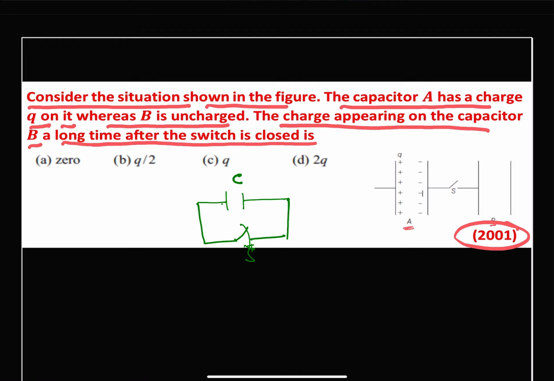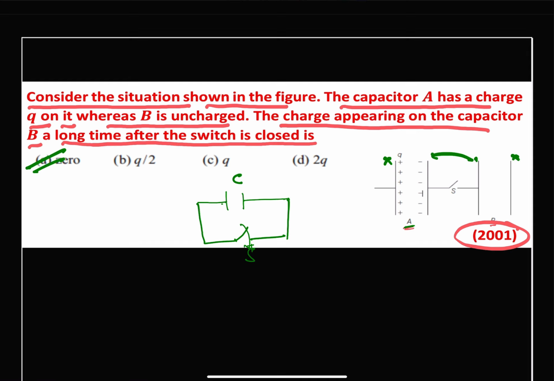Then only the current, or we can say for the given figure, the charge transfer is going to take place. So in this particular case, we can clearly see that this circuit is not complete as per the connection between A and B. Only the two plates are connected and the other two plates are not connected with each other. So because of this, there will be no charge transfer between the two. Okay. So we can say the charge appearing on capacitor B will be equal to 0.